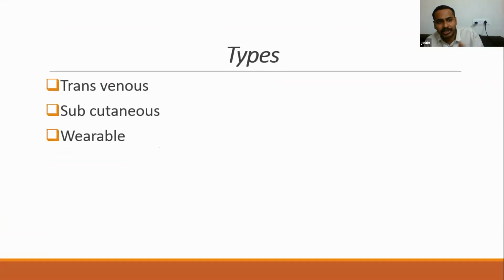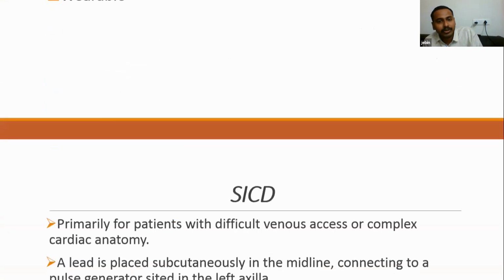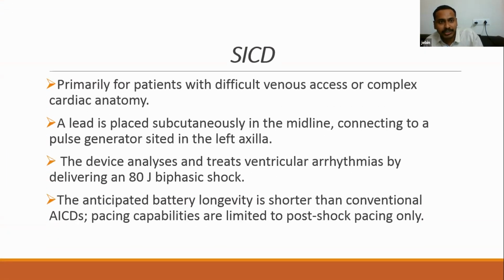Types. The types of ICD may be transvenous, subcutaneous, and wearable. Coming to the subcutaneous ICDs, these are primarily meant for patients with difficult venous access or for complex cardiac anatomy. In this subcutaneous one, the lead is placed subcutaneously in the midline, connecting to a pulse generator in the left axilla. The device analyzes and treats ventricular arrhythmias by delivering an 80 joule biphasic shock.